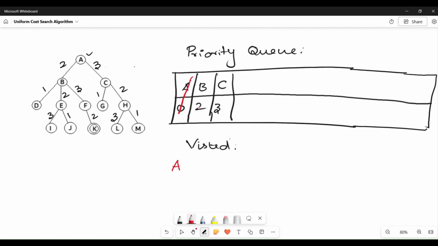There are two values, B and C. Which one has the lowest cost? B has the lowest cost. So we will be traversing along B now. We check if any node is connected from B. Yes, there are three nodes: D, E, and F.